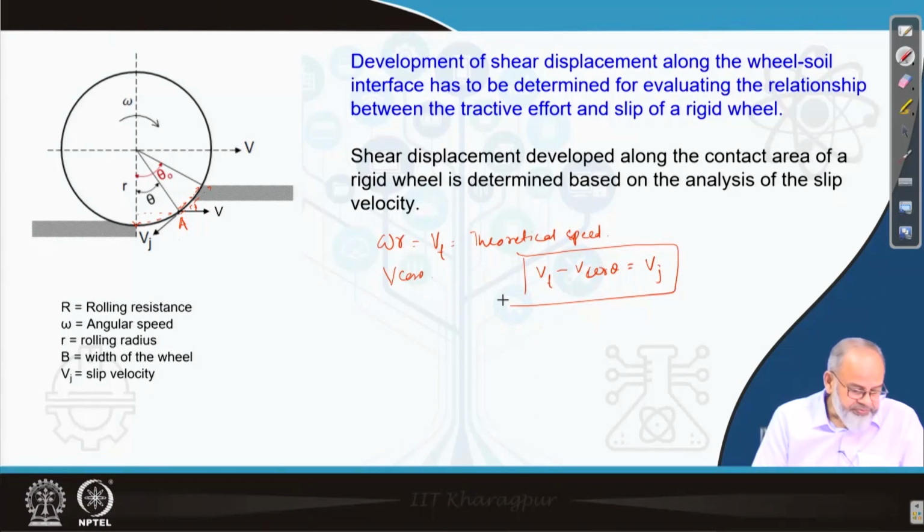Now, if I substitute for v: we know slip i is equal to 1 minus v by Vt, where i is the slip, v is the actual velocity, and Vt is the theoretical velocity. So from here we can find v will be equal to 1 minus i into Vt.